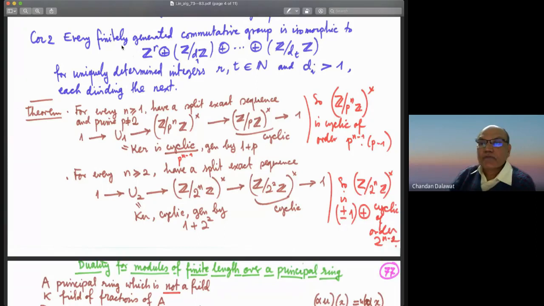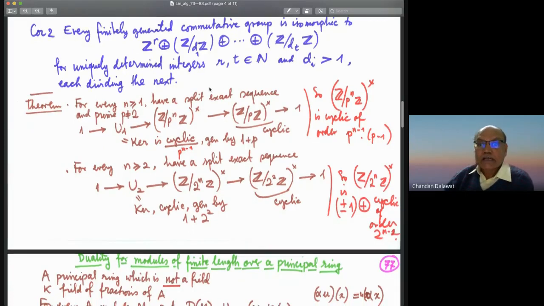So if your finitely generated module is given, it uniquely determines two natural numbers R and T, and T integers Di, strictly greater than 1, each dividing the next, such that that finitely generated commutative group, the given one, is isomorphic to this direct sum.